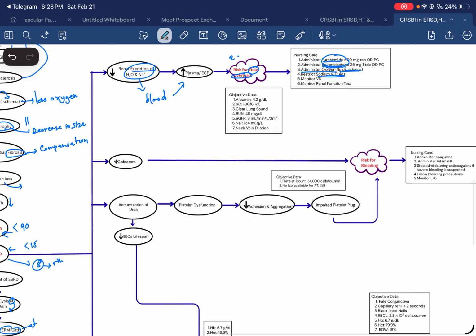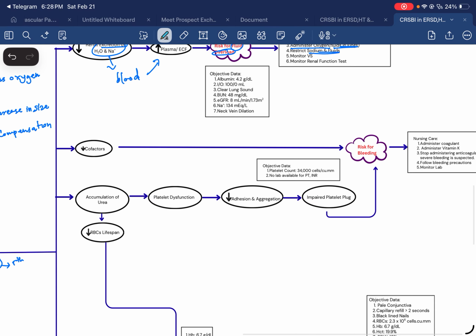And the next nursing diagnosis is risk for bleeding. The kidney produces cofactors that are responsible for blood clotting. But in ESRD, there is decrease in production of cofactors, which leads to a risk for bleeding.